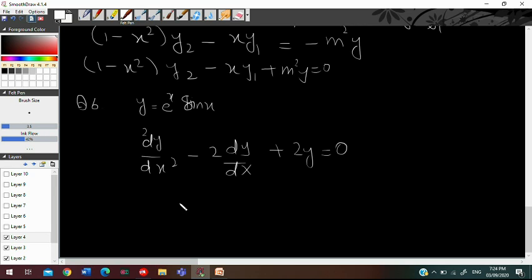In this question, y is given, and first you have to find dy/dx, and then d²y/dx², and then you put all these values in this equation, and finally you see that your result is 0.